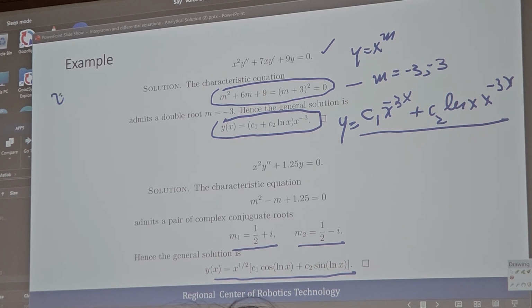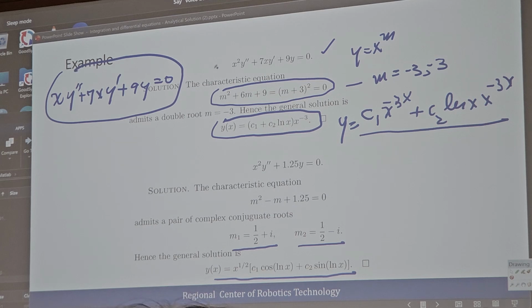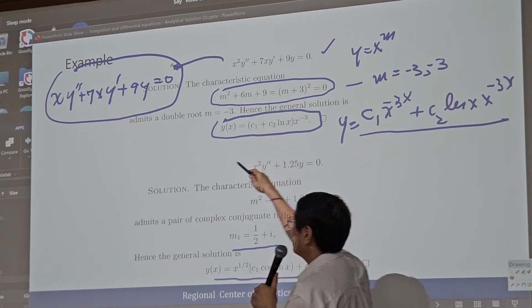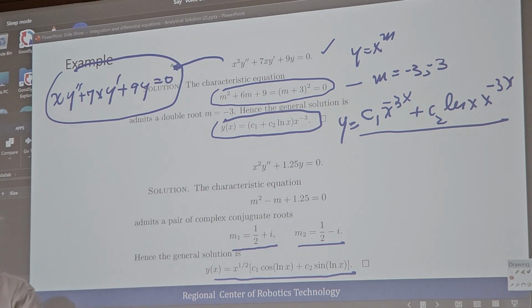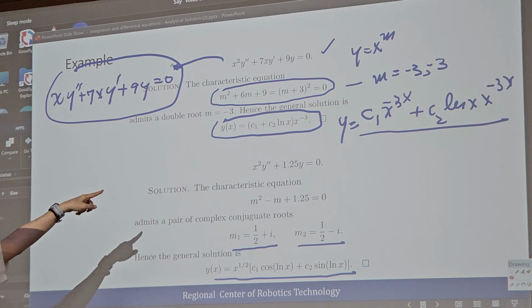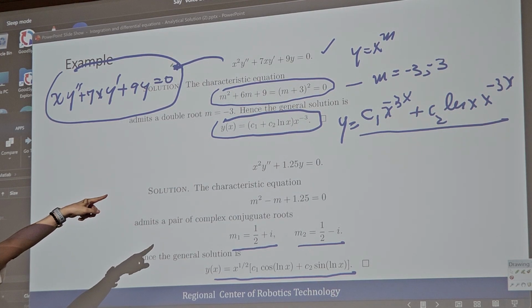If I change this one to this one, can we use the same technique to solve?